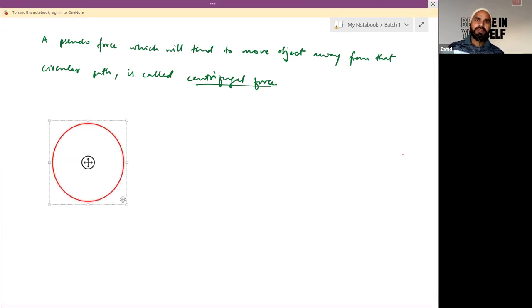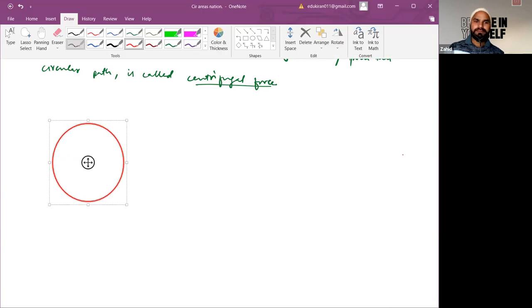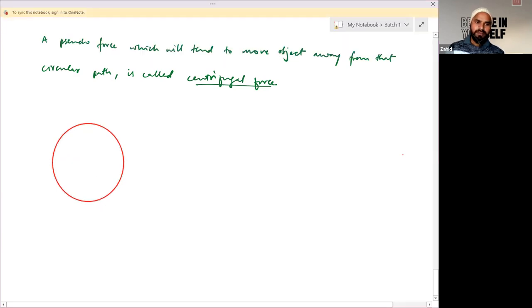Suppose you have any circular path like this, in which a body is connected by a string. If it starts revolving along this path, at each instant its direction will be changing. So you'll say there will be a tension in this string towards the center.